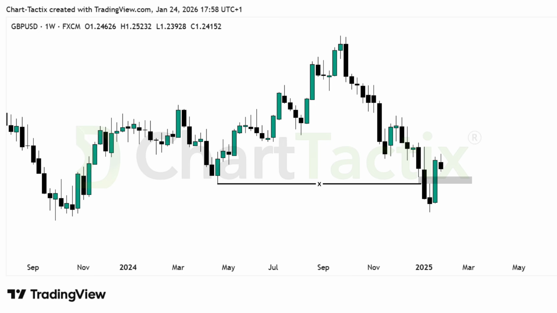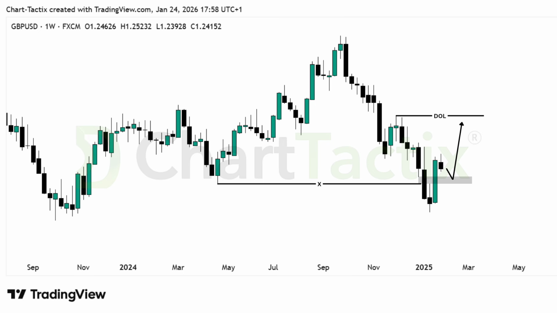So when I see this, my expectation for the next week is simple. Price should dip into this bullish fair value gap and then push higher. And where would my draw on liquidity be? It would be this swing high just above price, because that is the most obvious liquidity pool within this area.